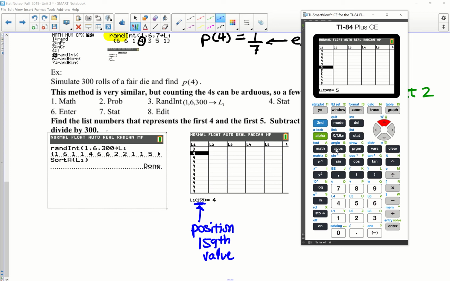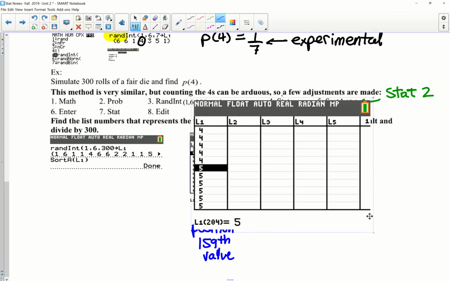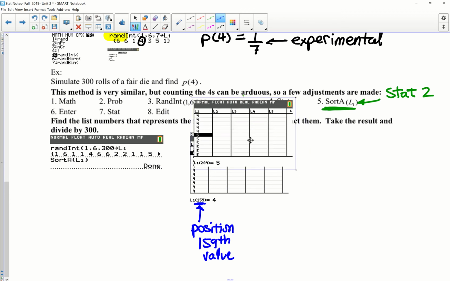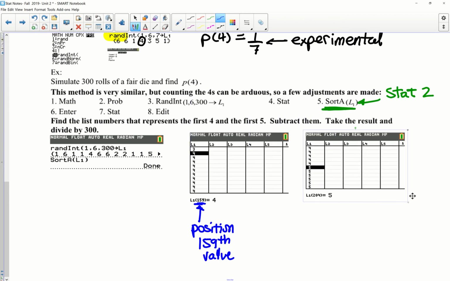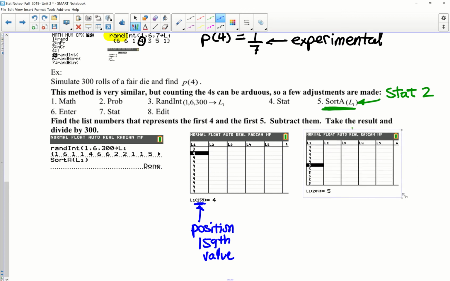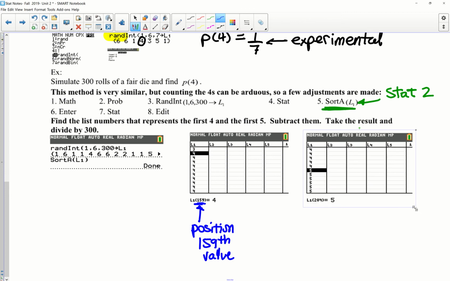Now we are doing 300 trials, so whatever our percentage is, it should all be in the same neighborhood of each other, but we should be looking at relatively different values. So this is the position, the 204th value.